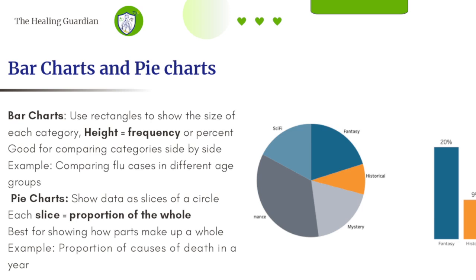It shows you the relation. You can use it to compare, for example, how many males had lung cancer and how many females had lung cancer, then you draw a bar chart. So you can easily compare using your eyes. The higher the bar, the higher the frequency.